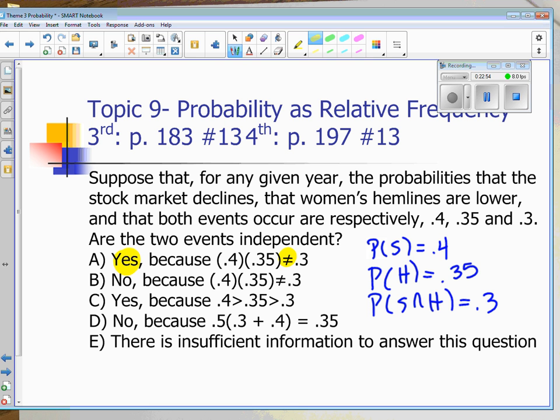It should be yes because they're equal, or no because they're not equal. So we could also eliminate that for the same reason. And then I have no idea what C is even saying. So I've already eliminated a lot, and now I'm at 50-50. The answer is B for that reason.